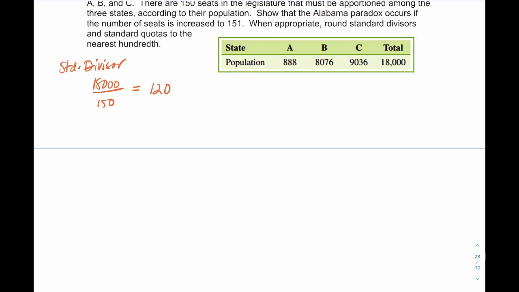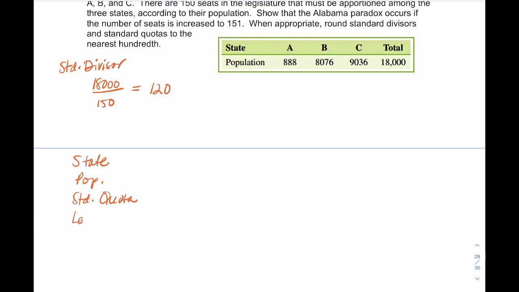So we're going to make a little chart here. We've got our state, we have our population, the standard quota. We're going to get that from the standard divisor.